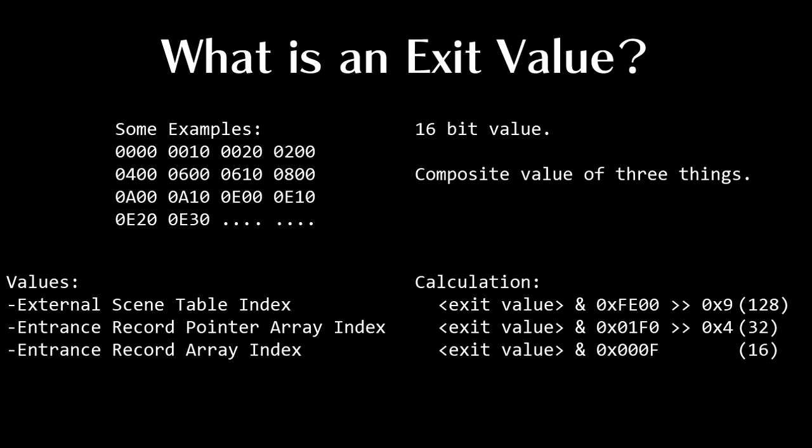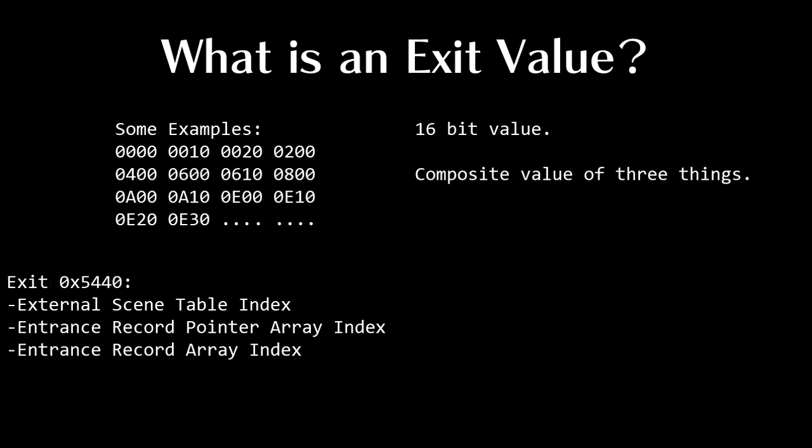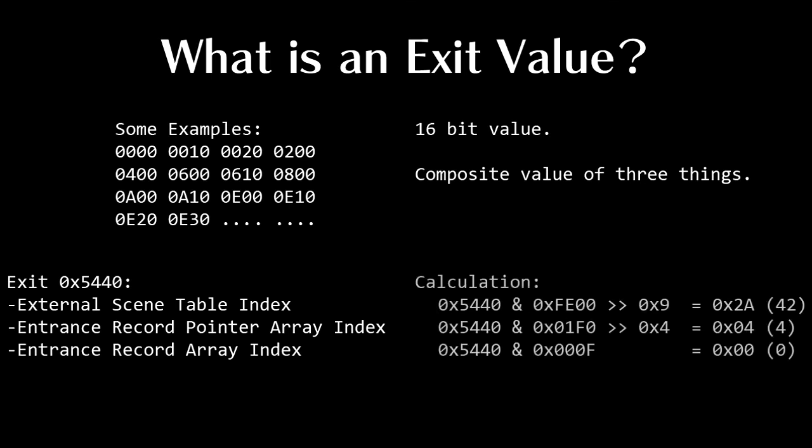Now that we know what makes up an exit value and how to get these values, let's look at an example. Let's use exit value 5440. To get the external scene index, we need to take 5440 with a bitwise AND of FE00, then right shift that result by 9 bits, which gives us 2A, or 42 in decimal.